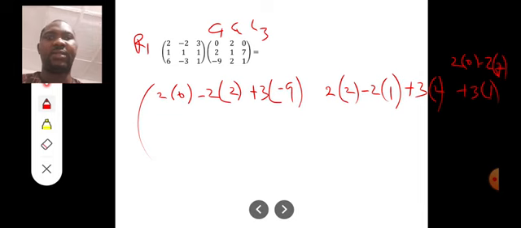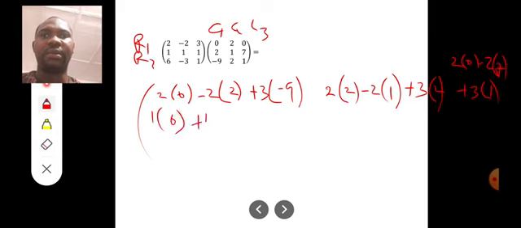Okay, so now we pick row 2, the second row. Row 2 will multiply column 1, column 2, column 3 of the next matrix. So that will be 1 into the first column, 0, plus 1 into 2, plus 1 into minus 9. That's second row and first column.